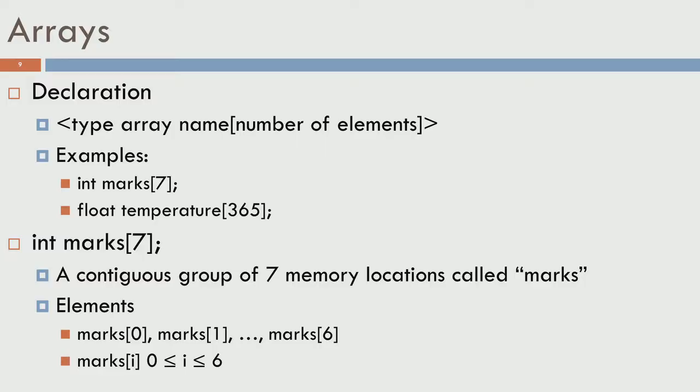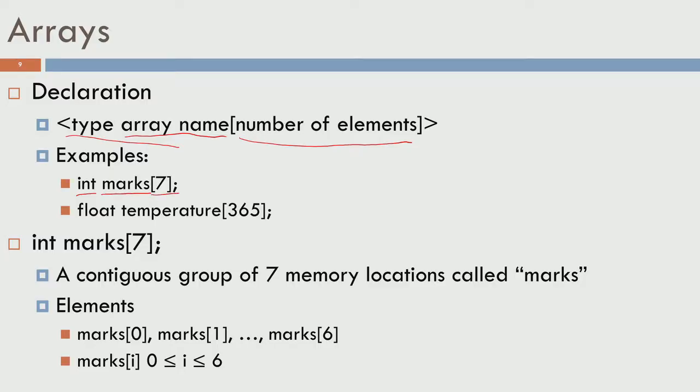So, let us go and look at arrays in more detail now. The first thing is, as before, we need to declare arrays before we use them. So, the syntax is as follows. You start with the type and then you give an array name and then you give the number of elements. So, just like this, you specify the type, the array name and the number of elements.